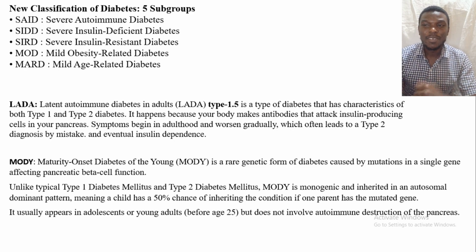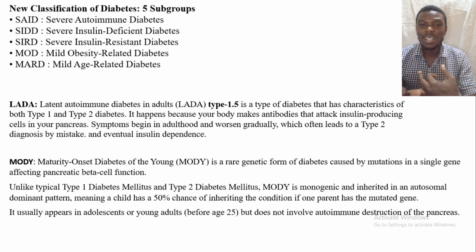So you check they have antibodies that are attacking the insulin and some other risk factors of type 2. But because it's usually in adults and worsening gradually, as a result, it may be mistaken for type 2 diabetes.